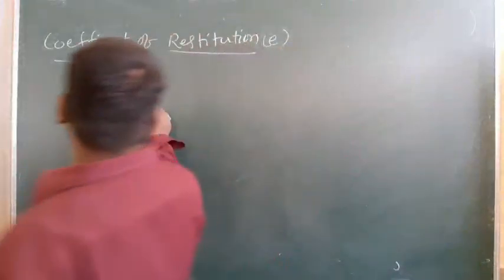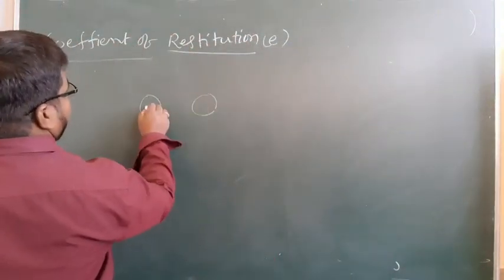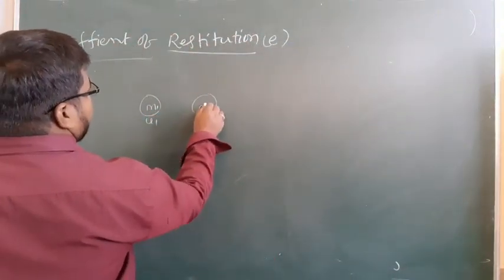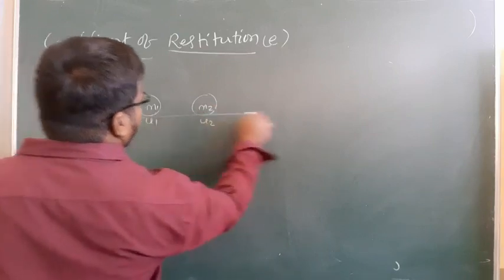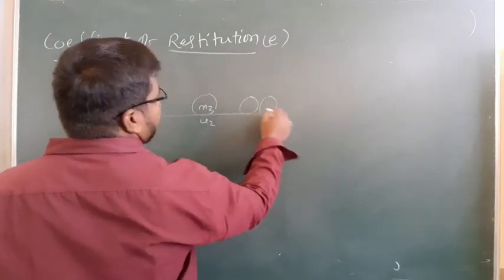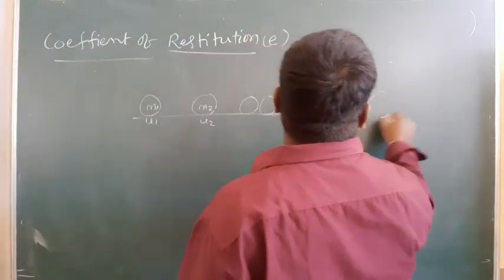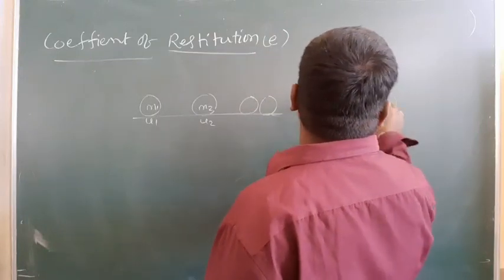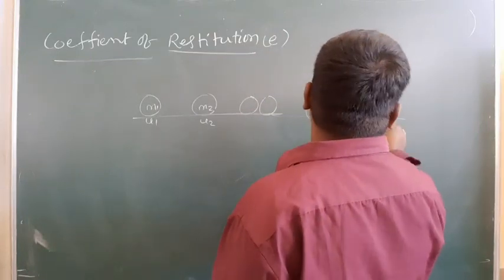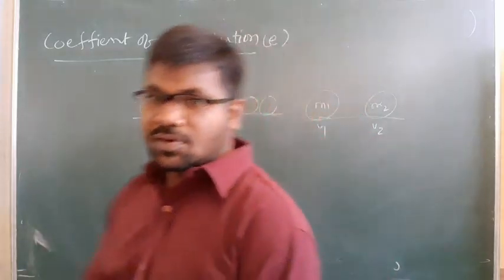We know that 2 bodies m1 u1 and m2 u2 collide with each other and then move with different velocities. This is collision.